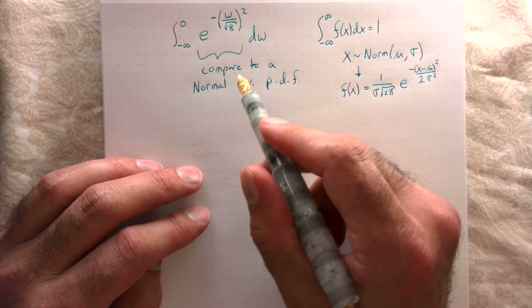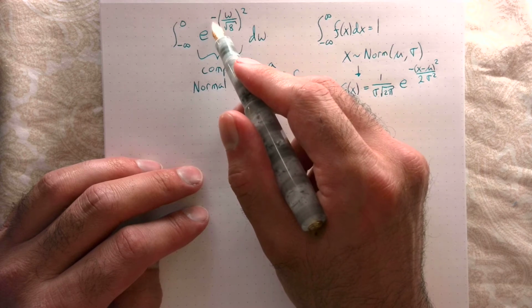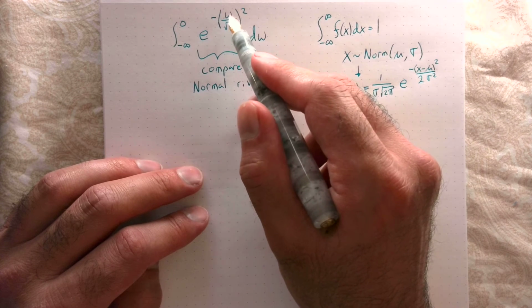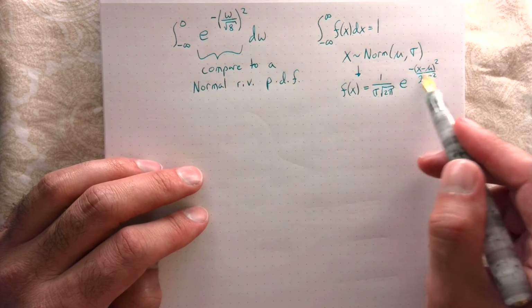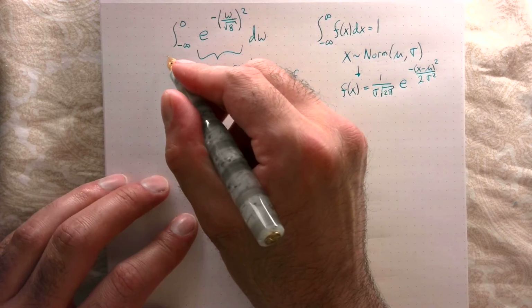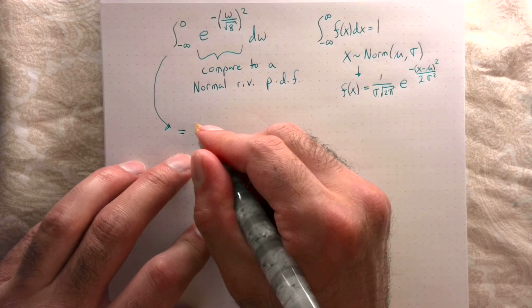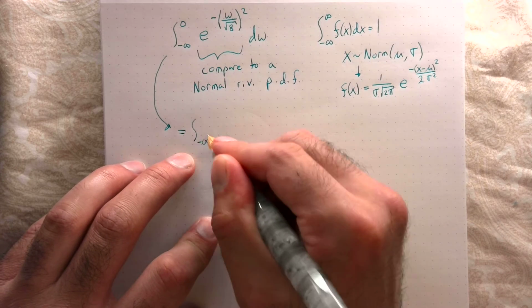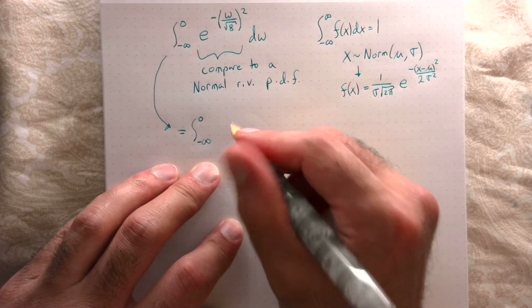The first thing we note is we have this minus, and the numerator and the denominator are being squared right now. Here we want to separate it out. So this is equal to the integral from negative infinity to 0, and now I'm going to square the numerator and the denominator.